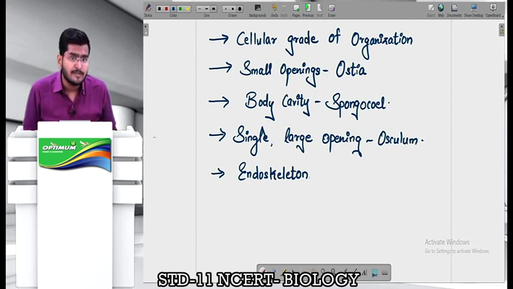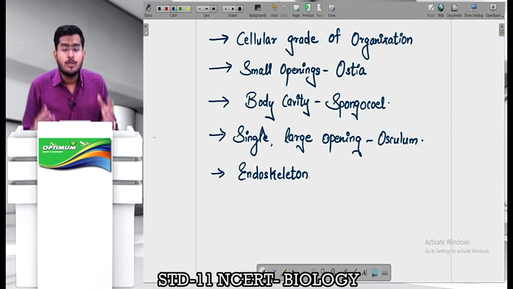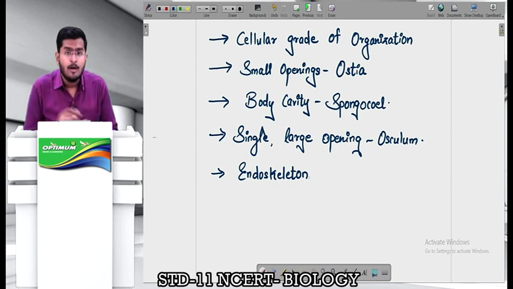Skeletons can be of two types: exoskeleton and endoskeleton. Endo stands for inside. So the skeletal components inside our body we call endoskeleton. For example, in humans you have cartilages and bones, all of which are part of the endoskeleton, right? But whatever skeletal components are on the outside, like our skin and hair, are exoskeleton.